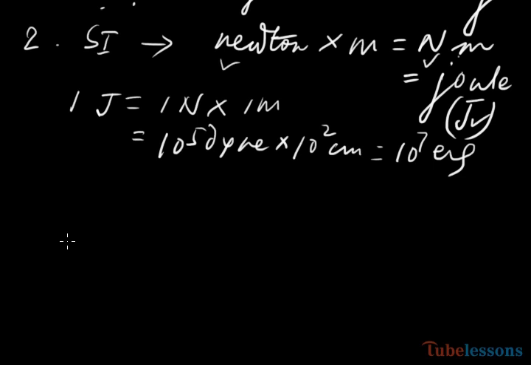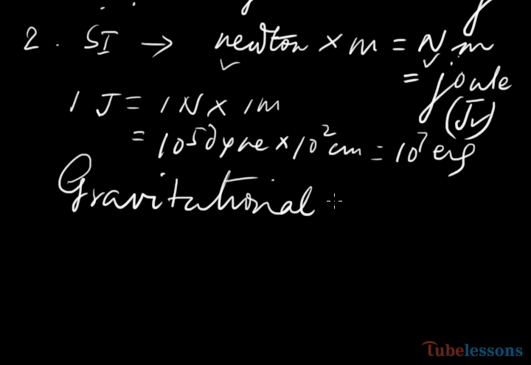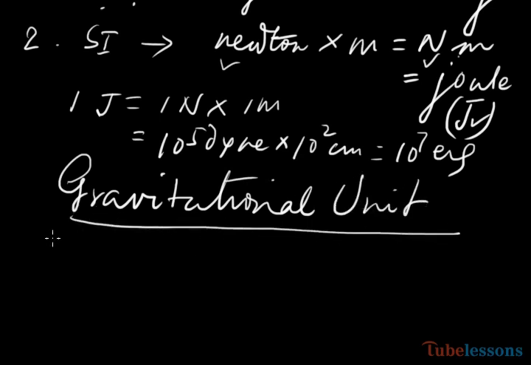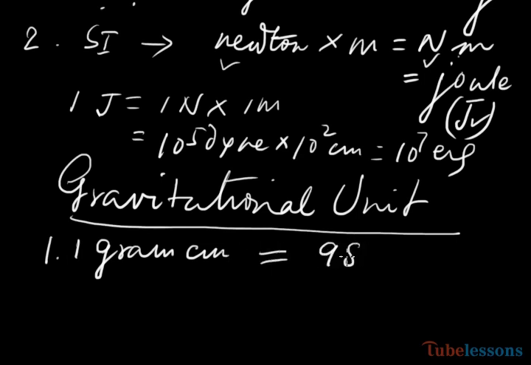And there are some gravitational units of work. Gravitational unit. Number 1, in CGS it is gram centimeter. 1 gram centimeter equals 980.6 erg, that is about 980 erg.